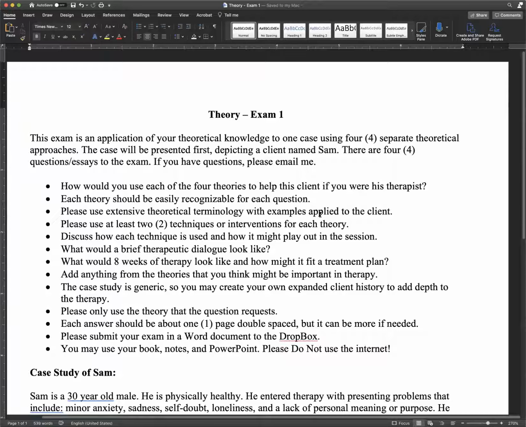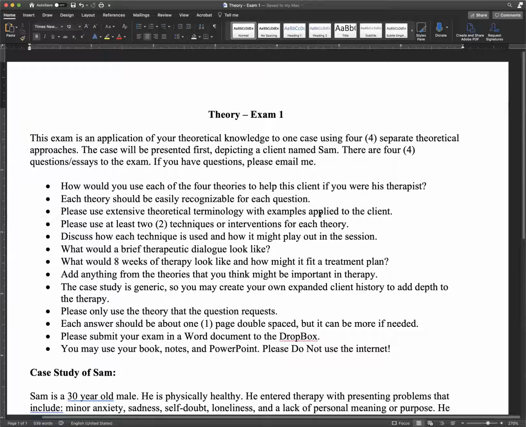Okay, well, at the end of each essay answer, what would 8 weeks of therapy look like? How might it fit in a treatment plan? Add anything from the theories that you think might be important in therapy. The case study is generic.